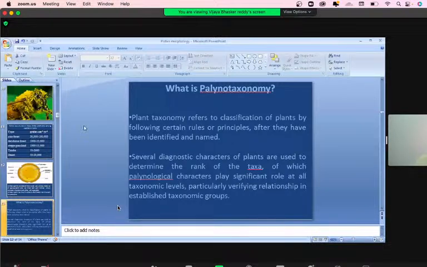So the application of a plant's pollen grain morphology in the identification of plants is known as palynotaxonomy. Dr. Abraz has come out with one book, Pollen Flora for Nizamabad District. That is the only book of its kind available in the entire India.